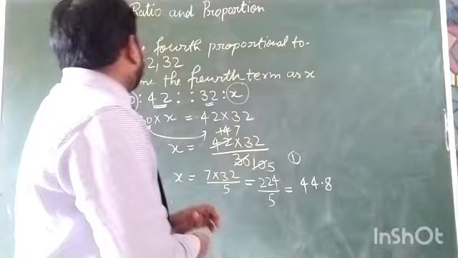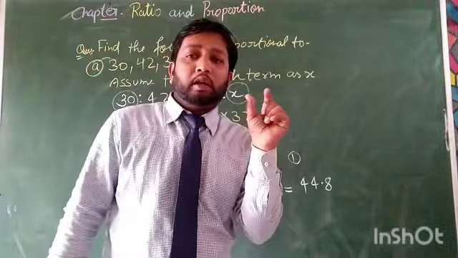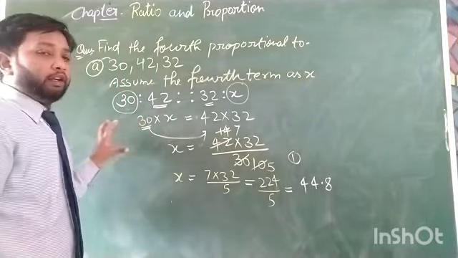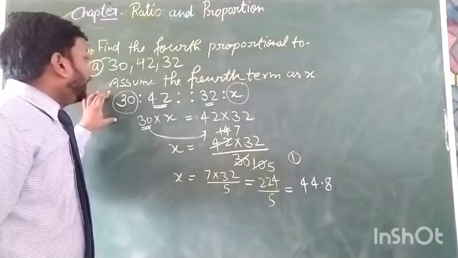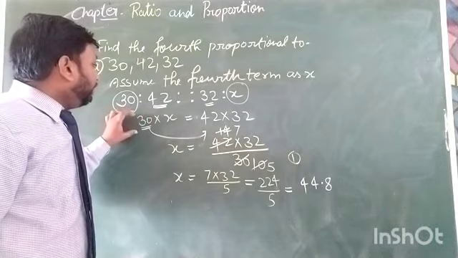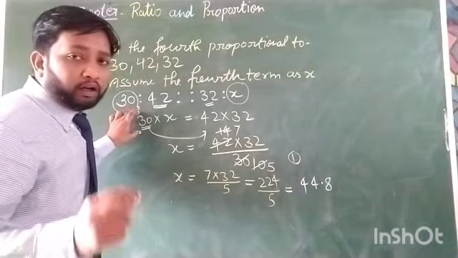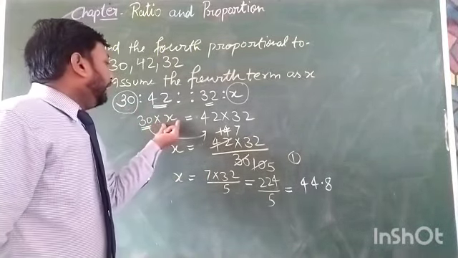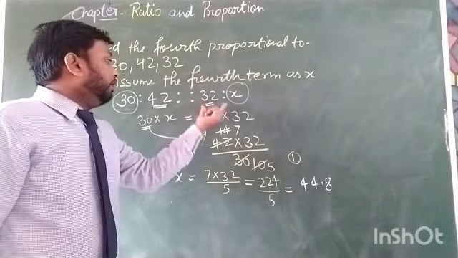So how can we find the fourth proportional to the given numbers? In this way. First we assume the fourth term as x, then we write all the terms in a proportional expression. Then we use the conclusion that the product of extremes is equal to the product of means, that is 30 into x, because 30 and x are extremes, and 42 and 32 are means.